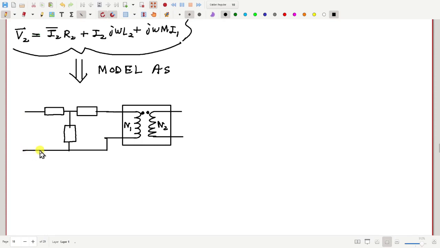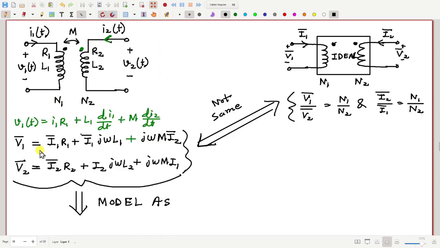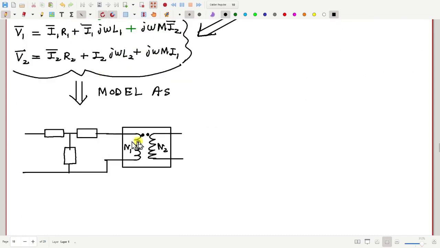Okay. So what I want to do is model this actual transformer under consideration as an ideal transformer in combination with some impedances connected in a particular fashion. Call them Z1, Z2, Z3.